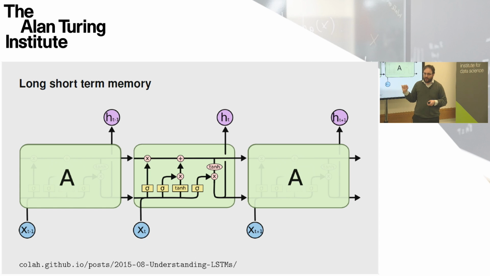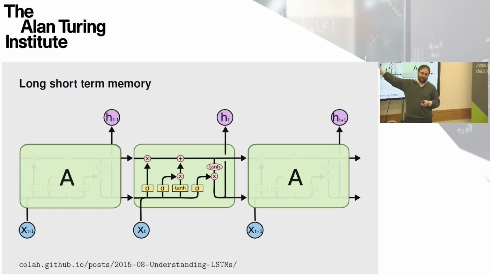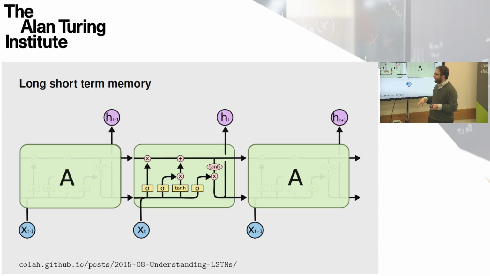But there's also a state that's only been multiplied by something that's like 0 or 1 and added to by something that's basically like 0 or 1. This sigma is a function that maps the real line onto 0, 1 symmetrically. Hyperbolic tan is another nonlinearity that maps onto -1, 1.